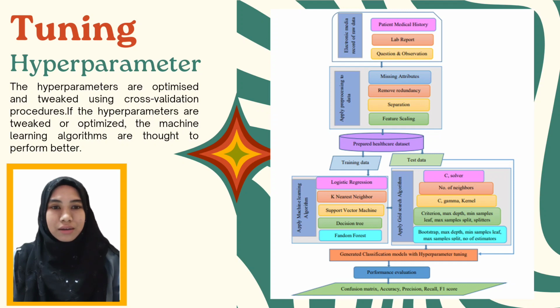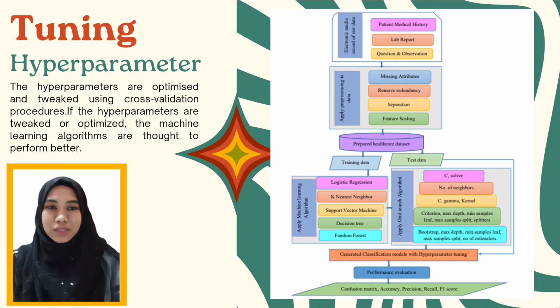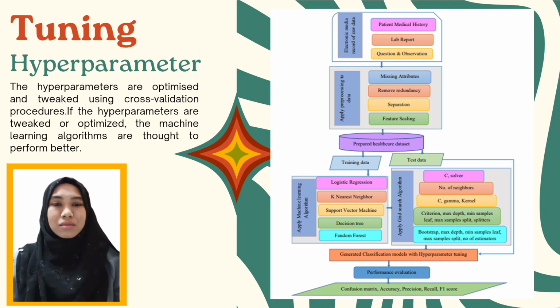Inside the training data, we apply the machine learning algorithms: logistic regression, k-nearest neighbor, support vector machine, decision tree, and random forest. As for the test data, we apply a grid search algorithm over C, solver, number of neighbors, C, gamma, kernel, criterion, maximum depth, minimum samples leaf, maximum sample split, splitters, bootstrap, maximum depth, minimum sample leaf, maximum sample split, and number of estimators.